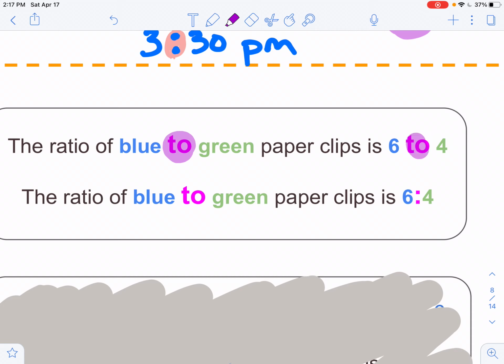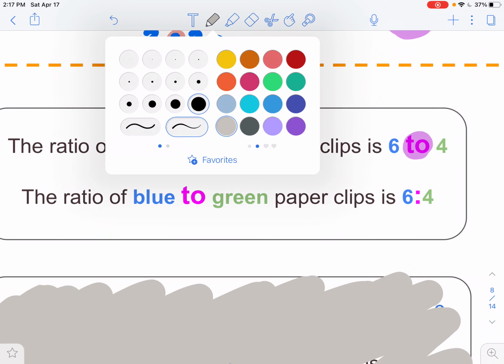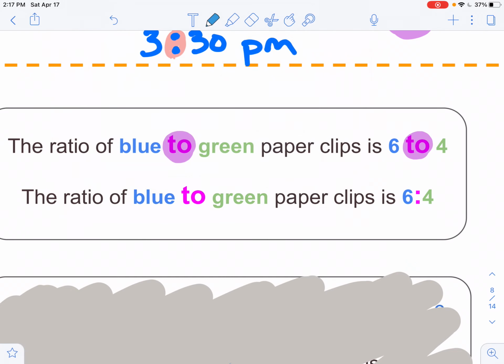I see another TO. It's in the middle of a number 6 and a number 4. Notice also that I made the word blue be in the color blue, and the number 6 be in the color blue. Because the word blue is in front of the TO and the number 6 is in front of the TO, I know that they go together. The 6 goes with the blue.